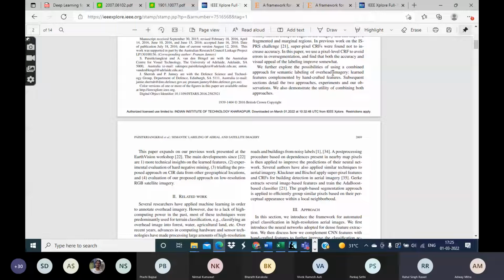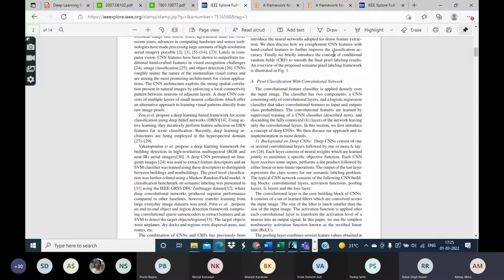A very fine-grained segmentation might segment the windows as one group and the body as another group. That is over-segmentation, and we do not want that. We want the car as a whole, including the body as well as the windows. This kind of over-segmentation is prevented with the help of the CRF.